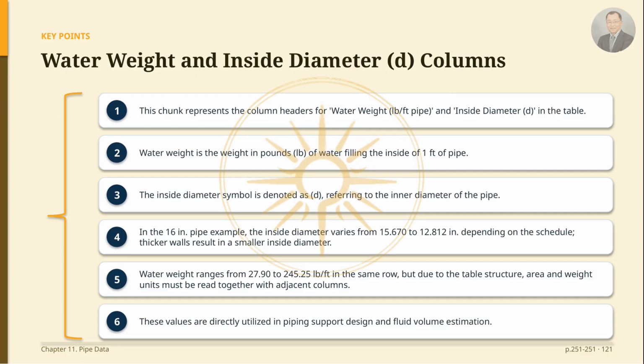Please refer to the remaining figures in the table directly according to your design conditions. Since these values are essential when designing pipe supports or calculating fluid holdup, I recommend matching and applying the accurate values according to the pipe size and schedule.